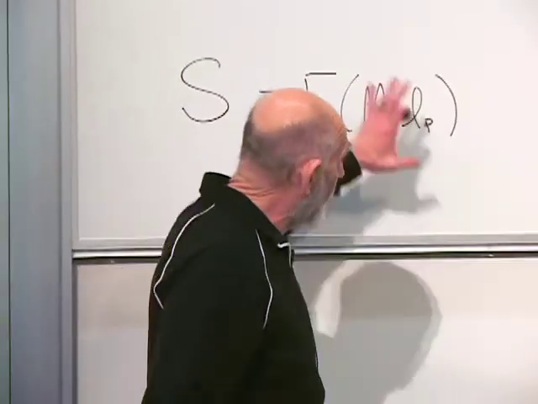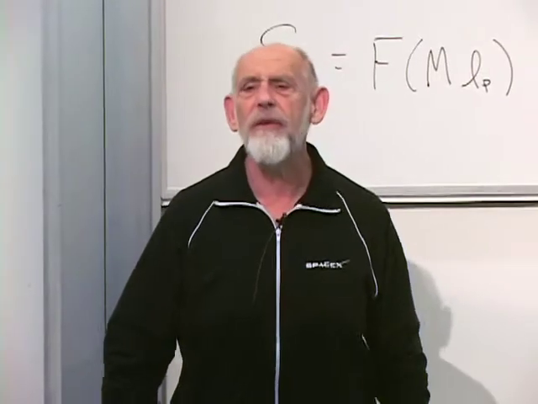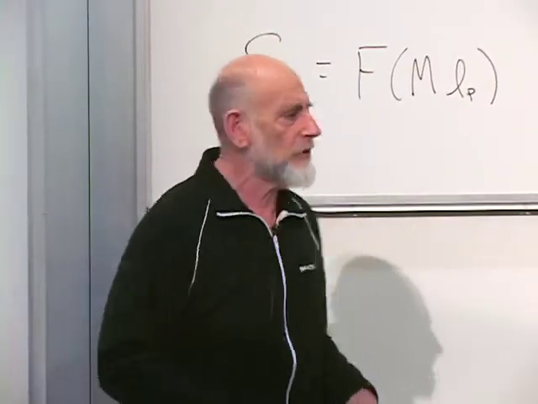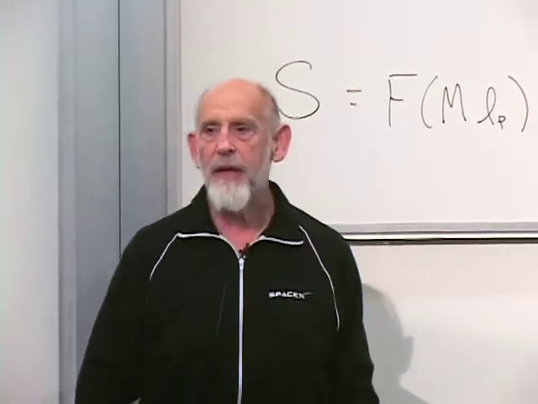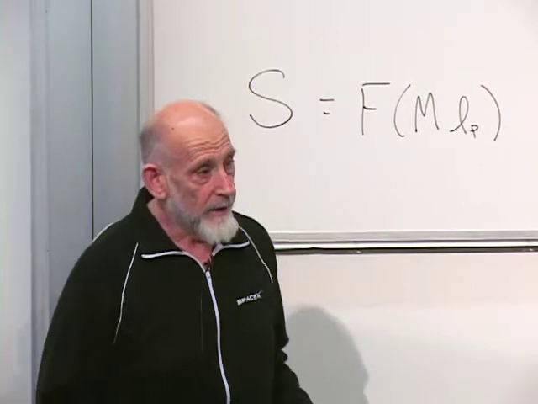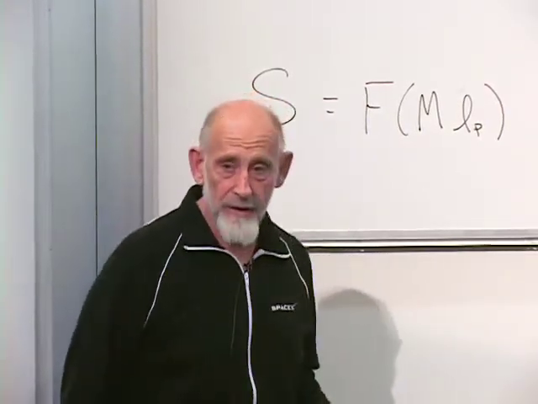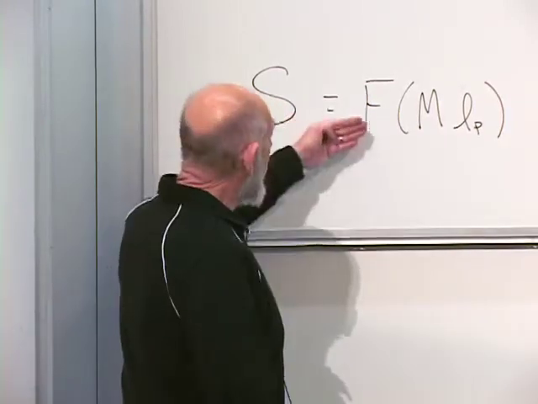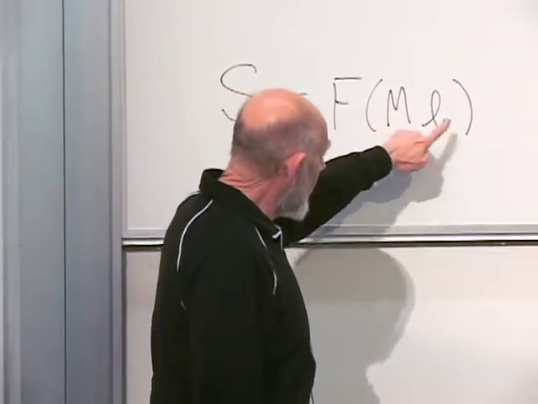Mass times the length scale that's associated with gravity. Now, we're doing black hole physics over here. It doesn't even know yet about string theory. We're in the old days when Hawking and Bekenstein first discovered that black holes have entropy. And you could ask at that time, what can the entropy depend on? Hawking and Bekenstein and everybody else would have said, the only thing that it could depend on is the mass times L Planck.